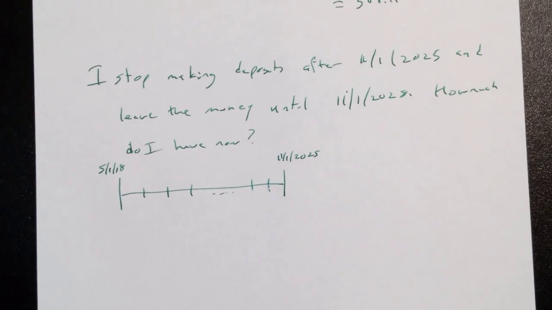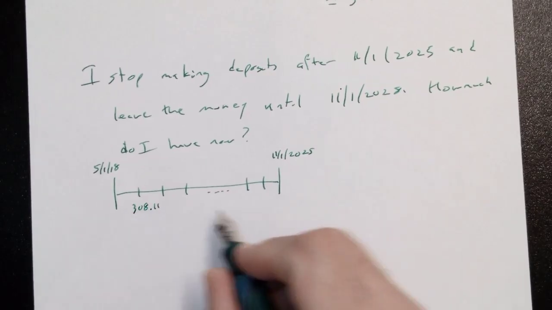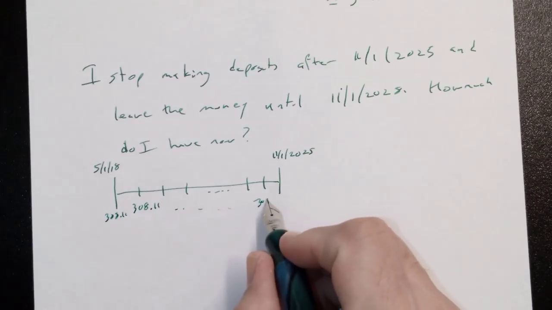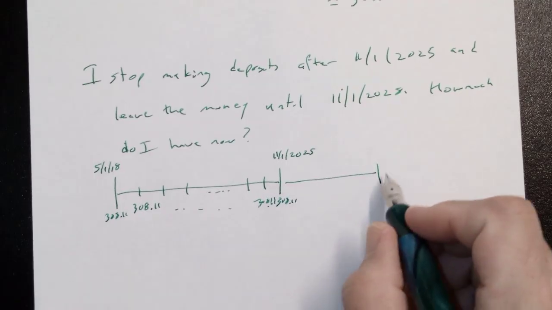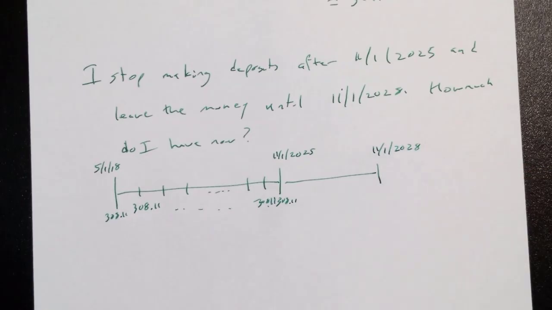We were making all of these regular deposits through to 2025. Right here, each of these deposits was 308.11. Now I keep going. But you'll notice what is missing from that next half of the timeline. There are no more deposits. How do I figure out the value here?